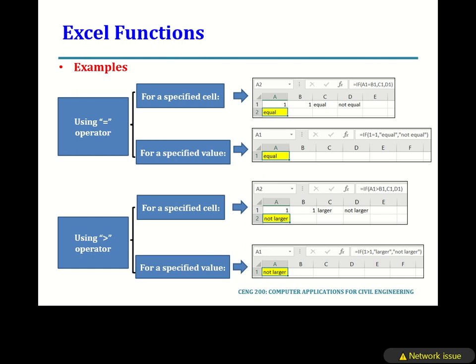So you see, not true and false. Equal. Okay, and if they are not equal, type not equal. 1 is equal to 1, so equal. Okay, and you can see in the function we are just putting the cell numbers.